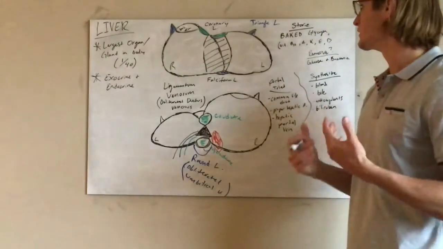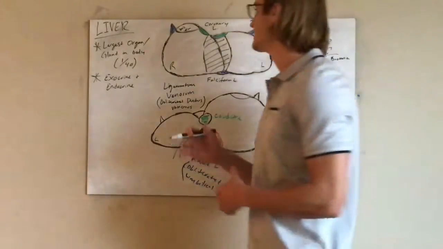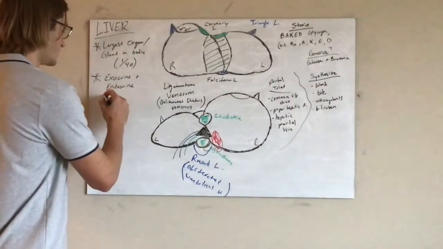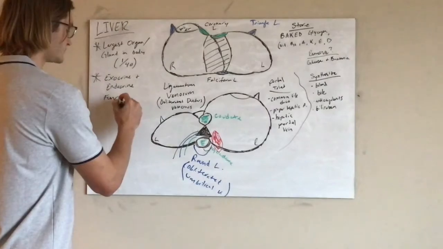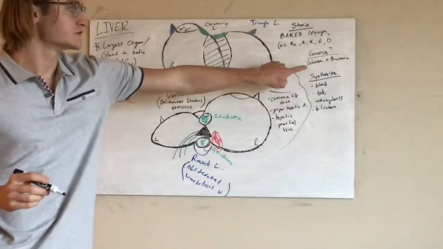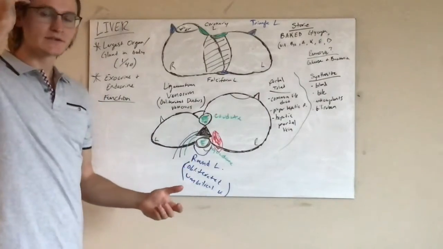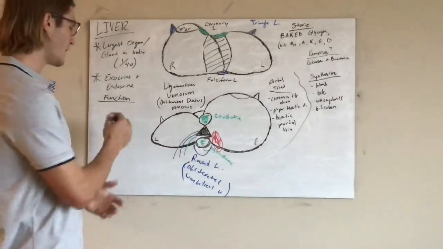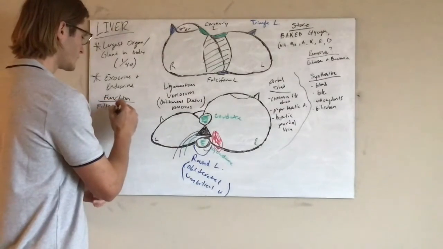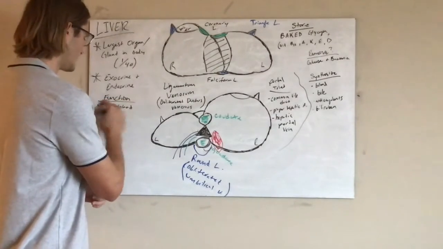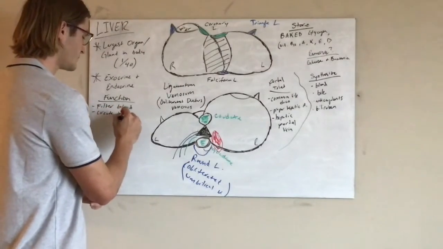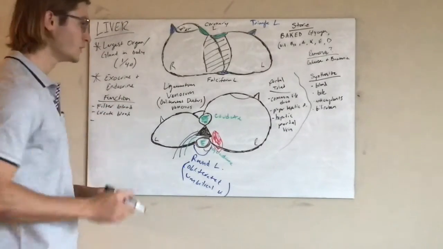Okay, so what do you think the function of the liver is? I mean, it has a lot of functions. As you can see here, it removes glucose and bacteria. So what does that do? It's going to be a main filter. So it's going to filter our blood, create blood. What else is it going to do?